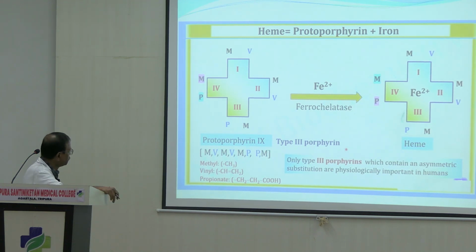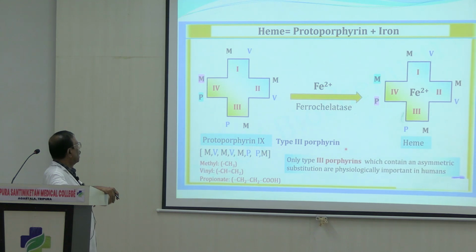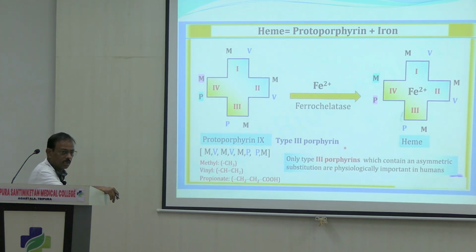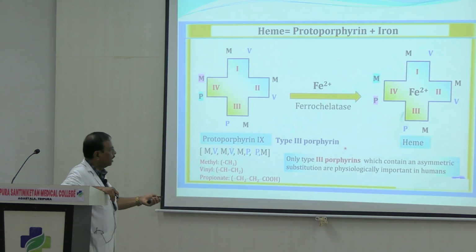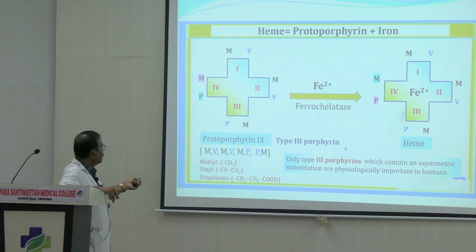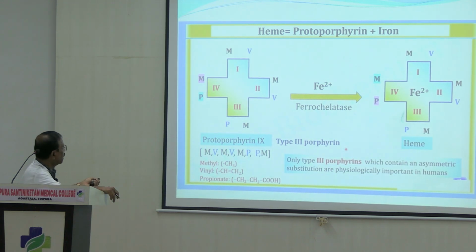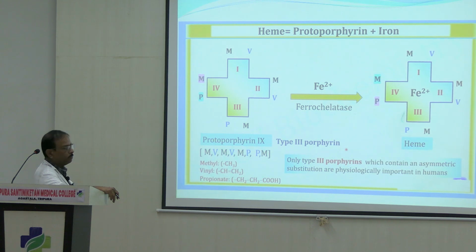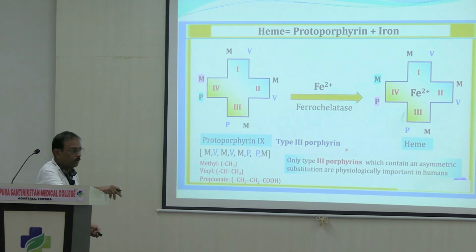But in the 6th and 7th positions, because it is a type 3 porphyrin, the substituent group in the 7th position will be propionate.